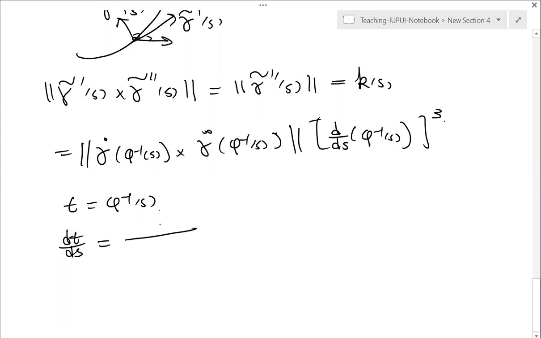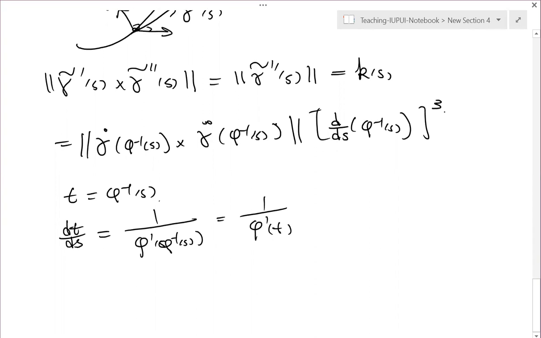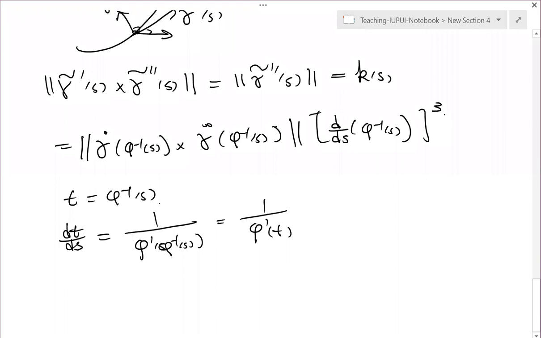It's going to be T prime, so it's going to be T prime, and phi prime t. I know that phi prime t from the very beginning is just equal to that.